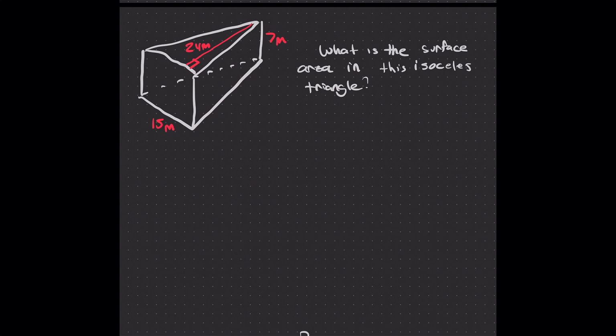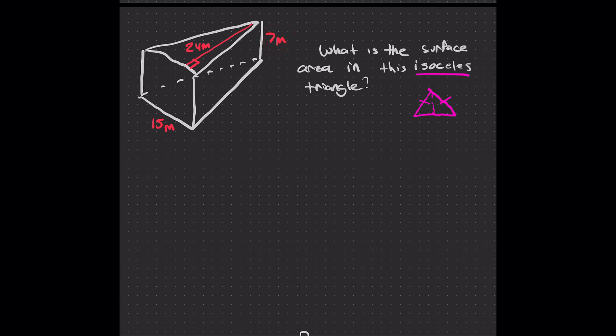All right, so let's move into some calculations. So here we have a triangular based prism, and it says that it is an isosceles triangle, which basically means that it is a triangle where the left and right side are going to be the same, basically splitting this triangle in half here. So if we look at the dimensions on it, I can see the height is set at 7.